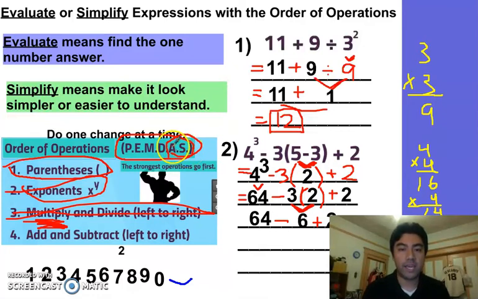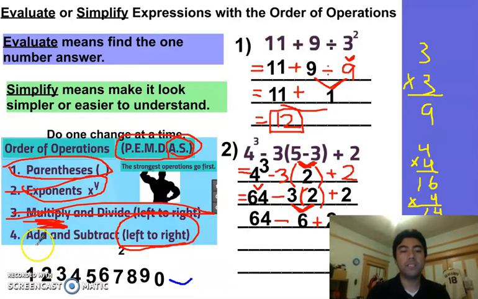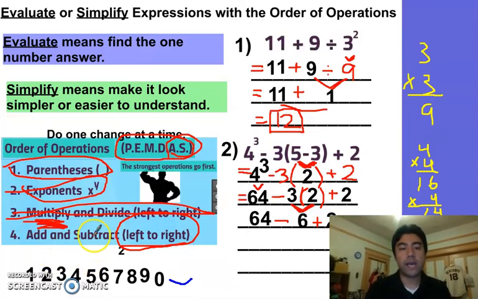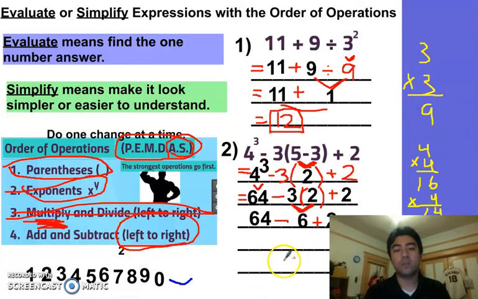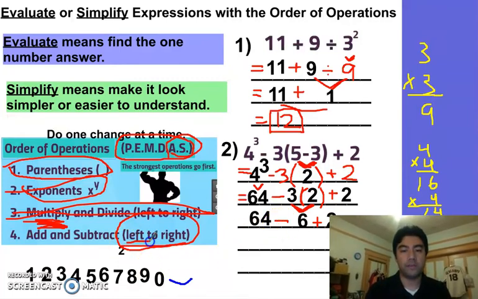Just because the A goes first before S in this acronym, it doesn't mean addition always goes first, okay? Because of this rule, okay? Yes, we do add and subtract, but we always start on the left, okay? So looking at this example, yes, I see addition and subtraction, but we always start on the left, okay?